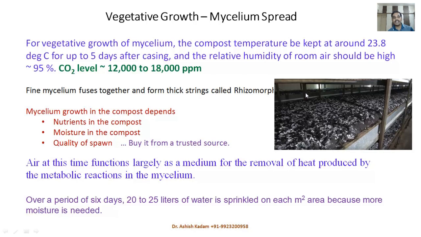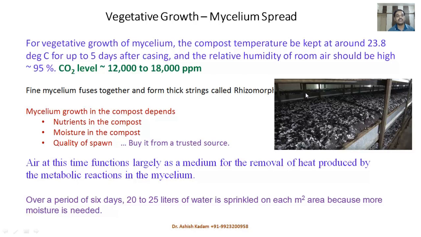If you minutely observe the formation of these thick strings or rhizomorphs, you can judge how much yield of button mushroom you will have from each square meter of your cropping area.